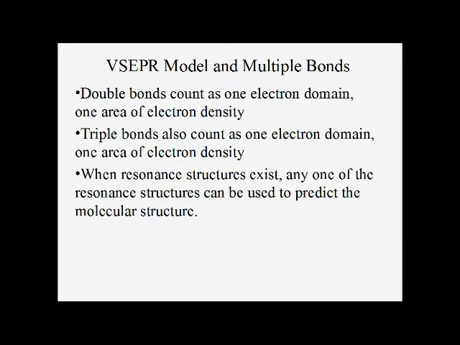So we're going to count double bonds and triple bonds the same as we do a single bond. They're all one area of electron density, one electron domain. When we have resonant Lewis dot structures, any one of them is useful to predict the molecular structure. They should all give the same molecular structure.